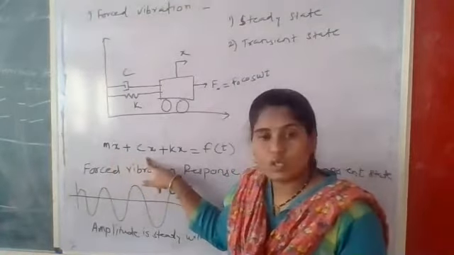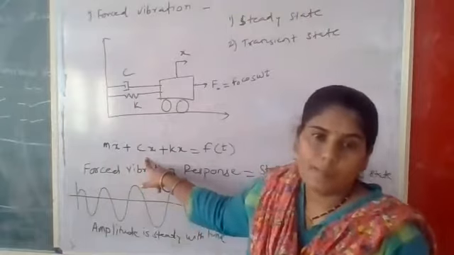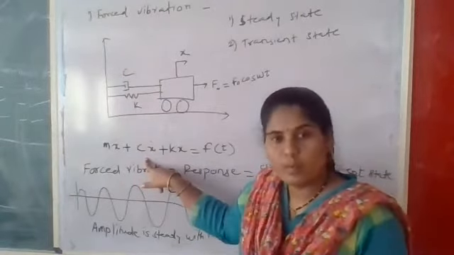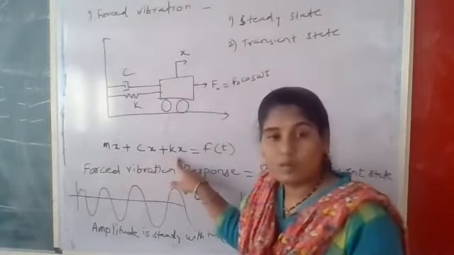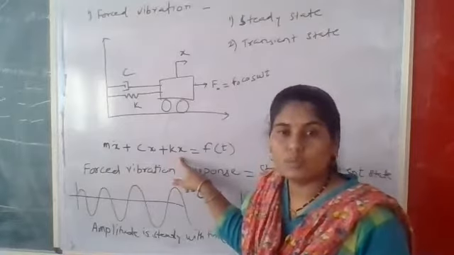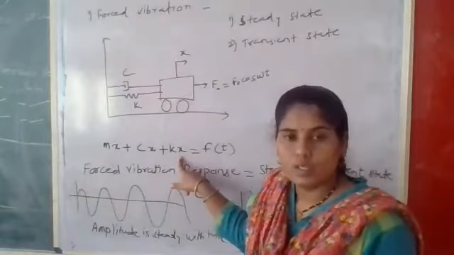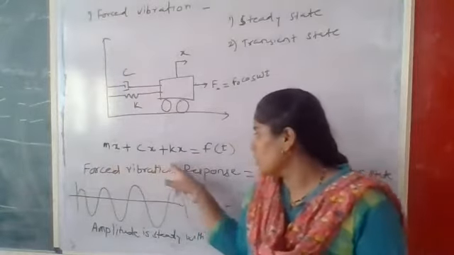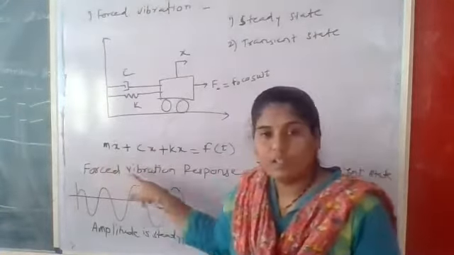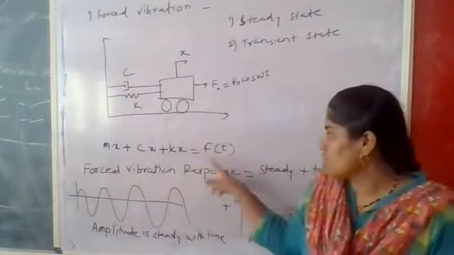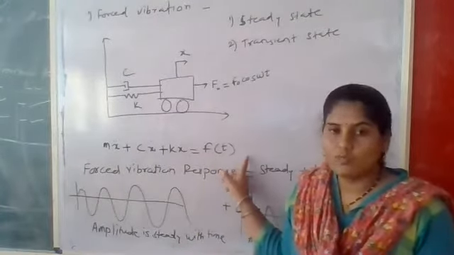Second one is because of the damping. If a damper is provided, the damping force will be produced in the system. And third one is k into x, because of the spring. That force is produced as the spring force. Okay, and if we add all these forces, they are equal to the external force F of t.